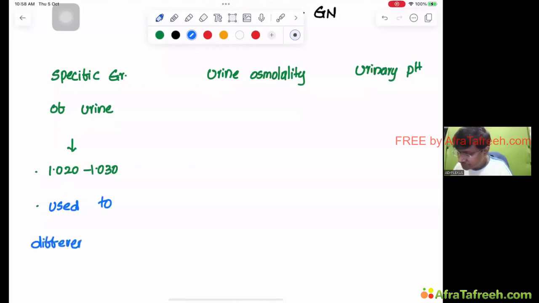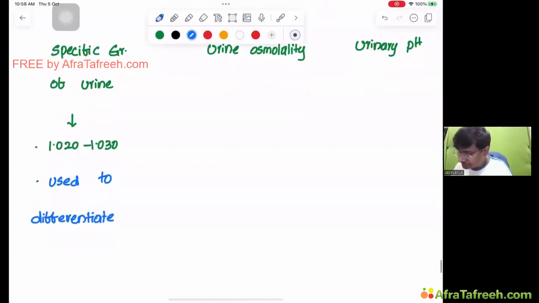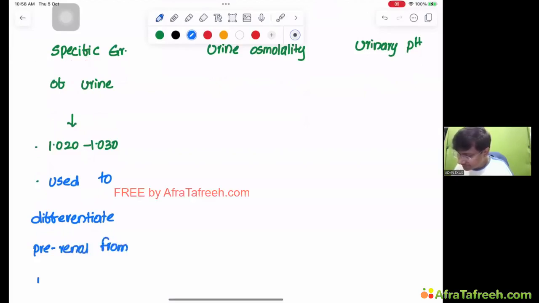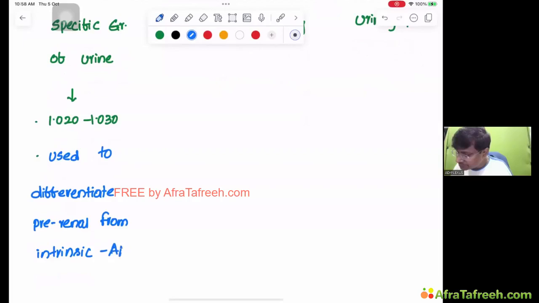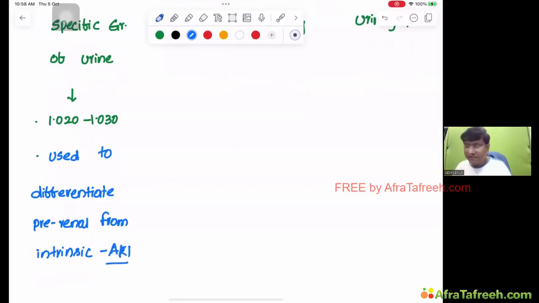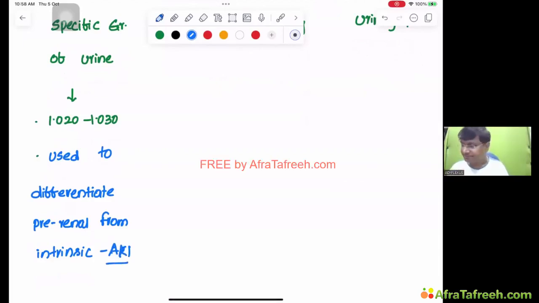This is used to differentiate pre-renal from intrinsic renal. I will discuss that when I am discussing pre-renal and intrinsic renal type of acute kidney injury. So to differentiate pre-renal from intrinsic renal, the assessment of the specific gravity is very, very important.